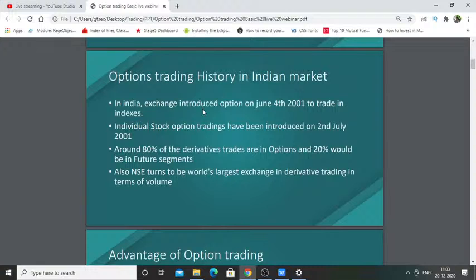Options have very good liquidity compared to futures. NSE, the National Stock Exchange, is the world's largest exchange for derivative trading in terms of volume. So this is the history of option trading. Right now we have a good number of stocks and indexes, and mainly Nifty and Bank Nifty have a good amount of liquidity in options volume.